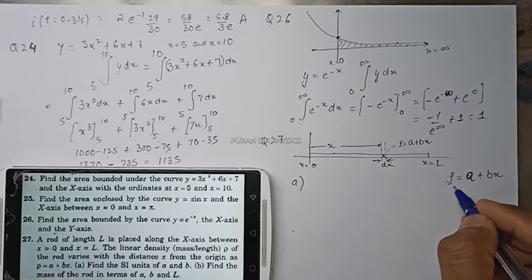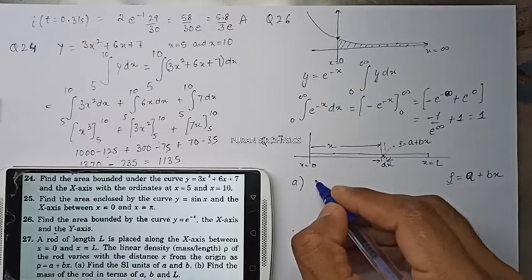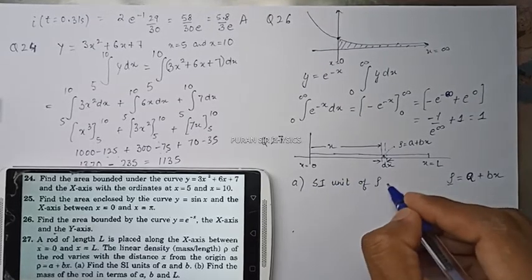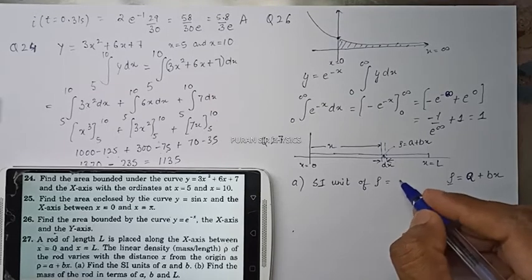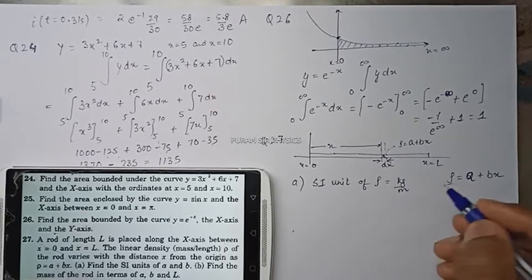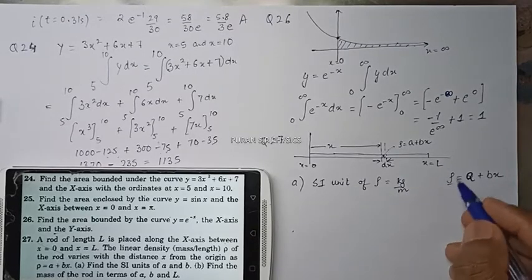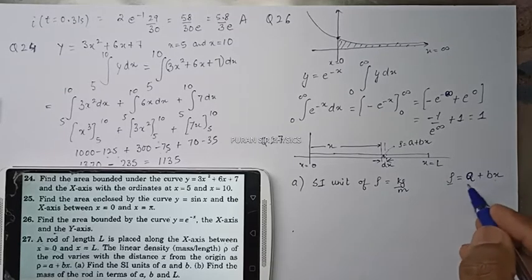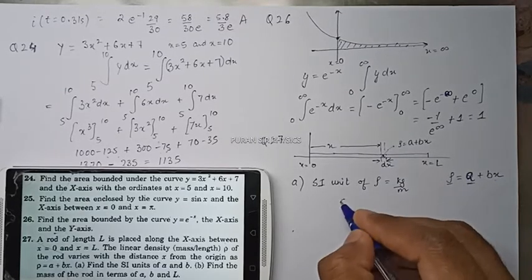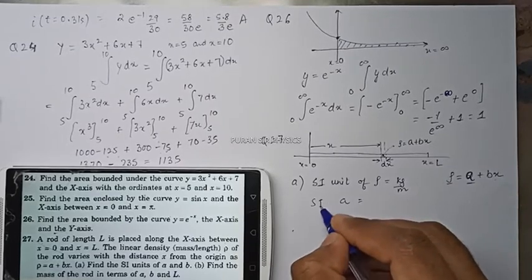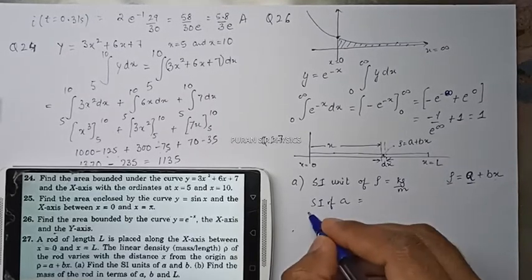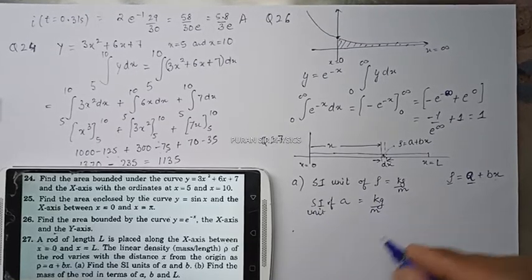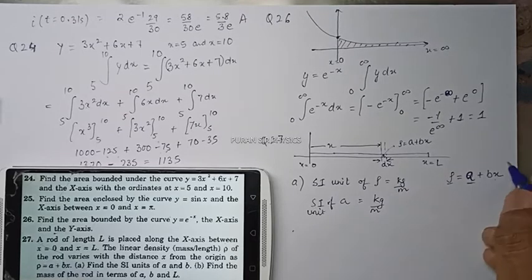Now since it is linear mass density, the SI unit of rho will be kilogram per meter. Here we have two terms, so both the terms will have the same units. So the SI unit of A has to be kilogram per meter, and the SI unit of Bx will be kilogram per meter.